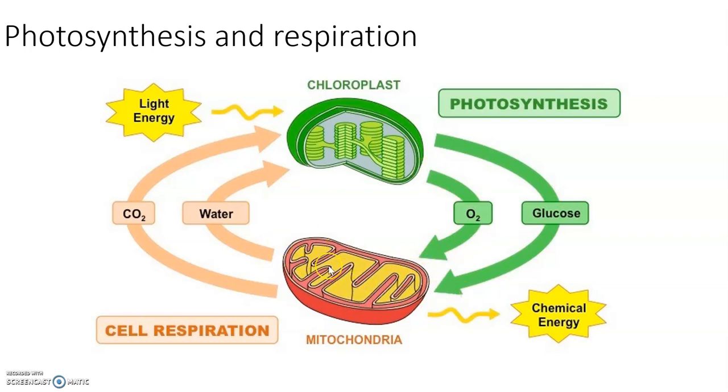And the waste products of cellular respiration are water and carbon dioxide, and they can then again be taken up by the producers and used in photosynthesis, and as such oxygen and carbon dioxide, water and glucose sort of cycle between these two processes.